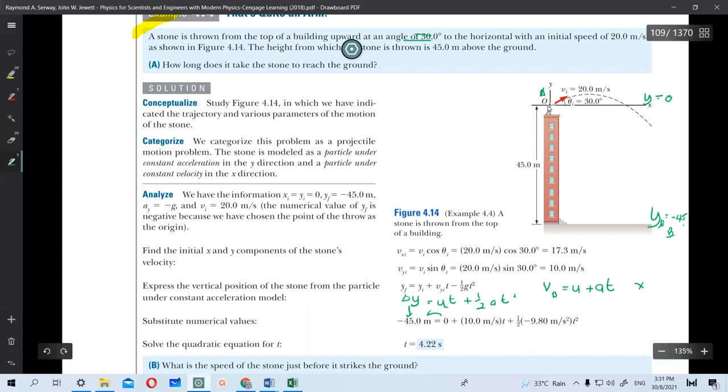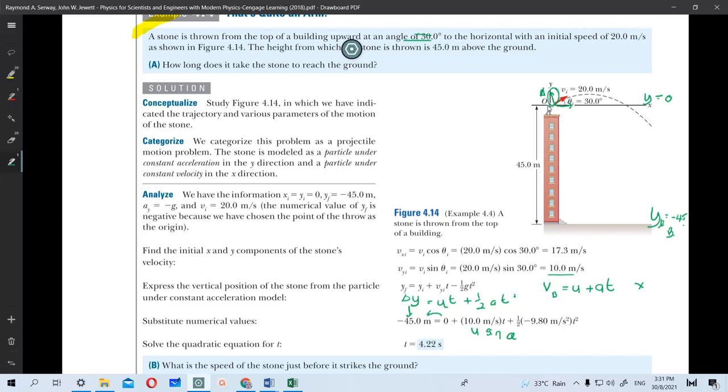Right, and the ut must be u sin theta. U sin theta, this one, is 10. Why? Because we have to resolve into the x and y components, and we are going to take only the y component. So everything aside from the x, we operate using the y component, free fall.